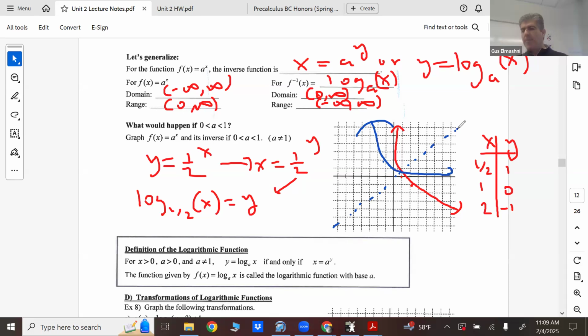So that's what's happening for that one. The blue, by the way, is y equals 1/2 to the x. The red is the inverse. But I think it's all the same stuff, really. It's still a range of all real, but it looks a little different. It's flipped in a way. So that's what we expect.